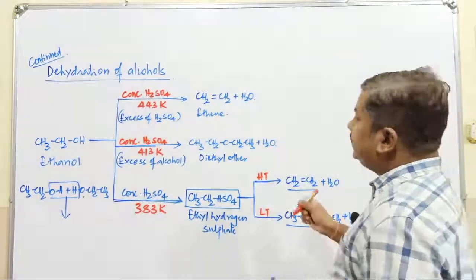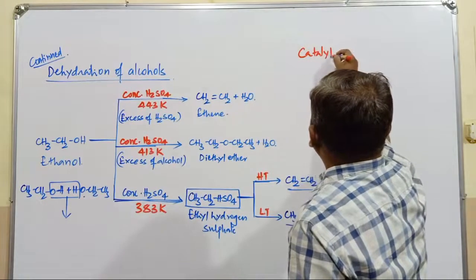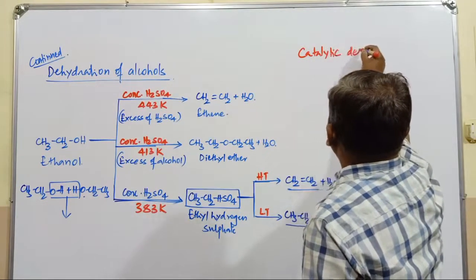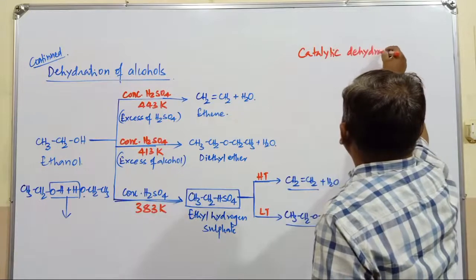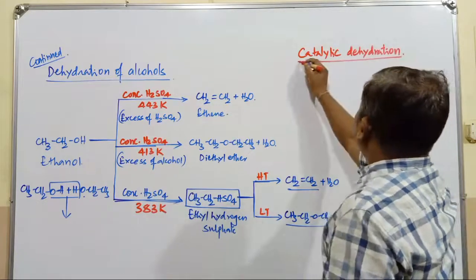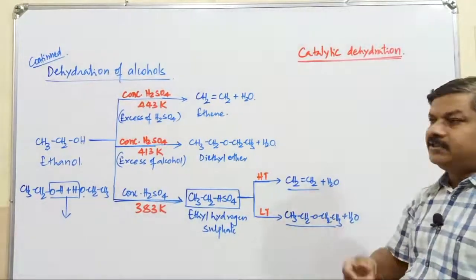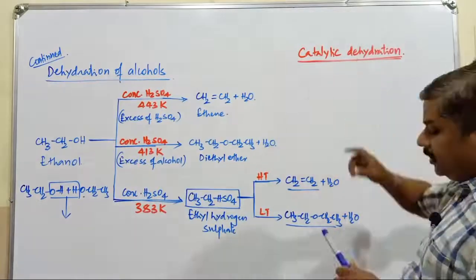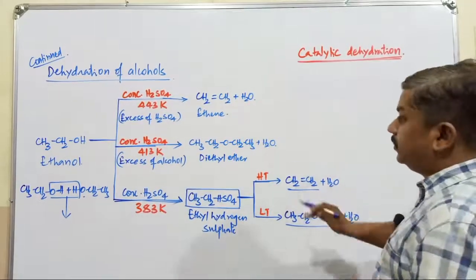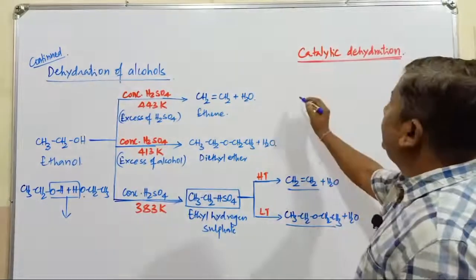After this example, one more dehydration: catalytic dehydration. What is the meaning of catalytic dehydration? Here dehydration does not take place in presence of sulfuric acid or phosphoric acid. Here dehydration takes place in presence of a metal oxide. Yesterday I gave the list of different types of dehydrating agents.